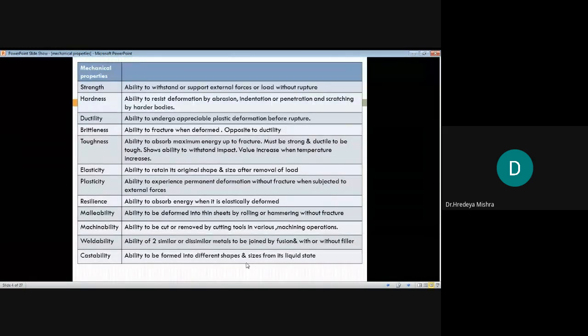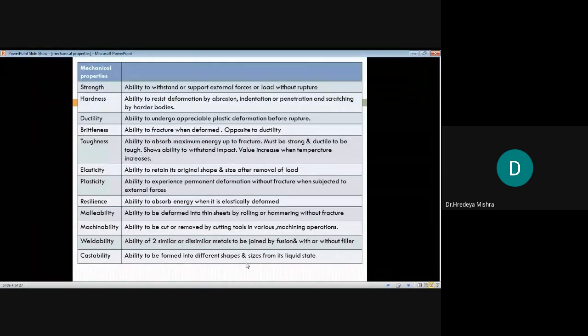In other words, it is the property of the material due to which it can be directly broken without any further deformation.